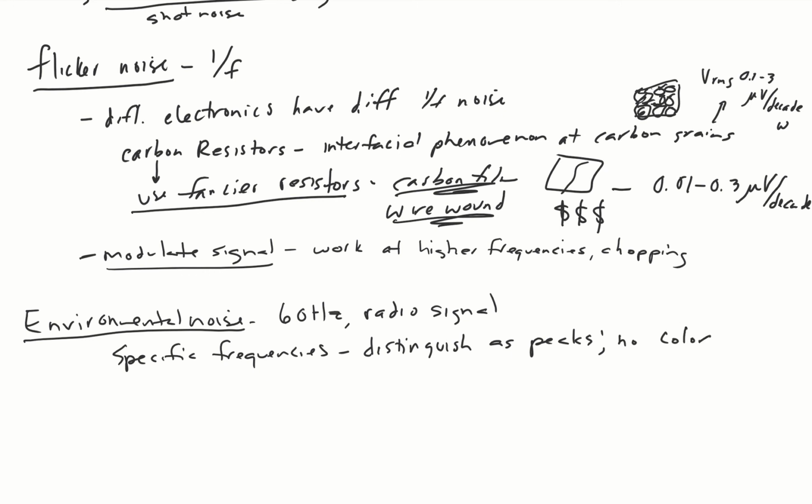But the most common way to overcome environmental noise is shielding. So if it's possible, can you surround critical components of your circuit with a conducting material connected to ground?